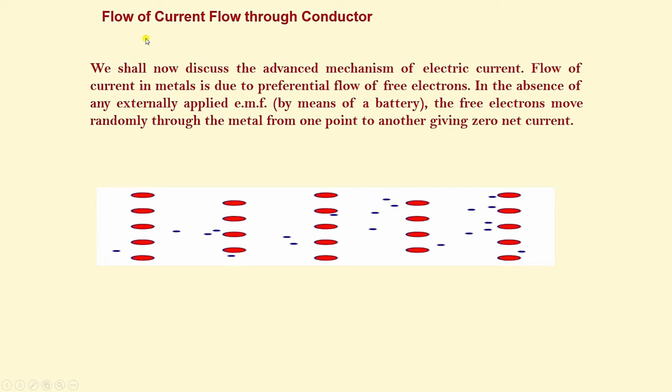Then the flow of current through the conductor. We shall now discuss the mechanism of electric current. Flow of current in a metal is due to the preferential flow of free electrons. In the absence of an externally applied EMF by means of a battery, free electrons move randomly through the metal from one point to another, giving zero net current.